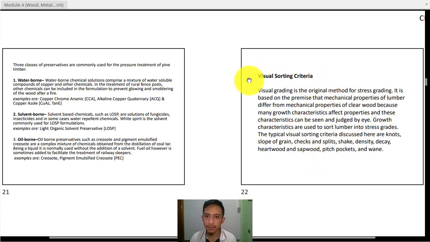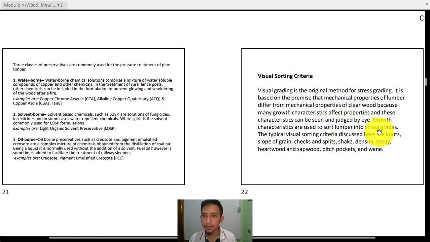Unlike in steel and concrete, where once you test a part of a batch of concrete or a batch of steel, that might represent the strength of the batch, that is not true for wood. So we are doing what we call visual sorting.